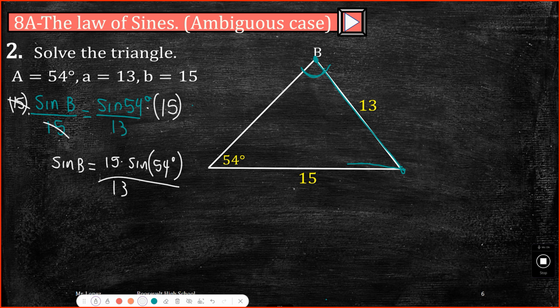Didn't we just do that? We get the sine inverse of this, and that's gonna cancel with the sine, and you do the same thing here. So basically, you're gonna get B equals sine inverse of this quantity.